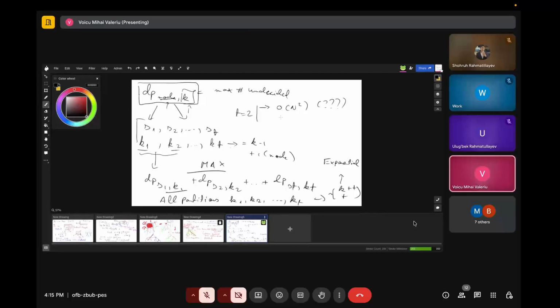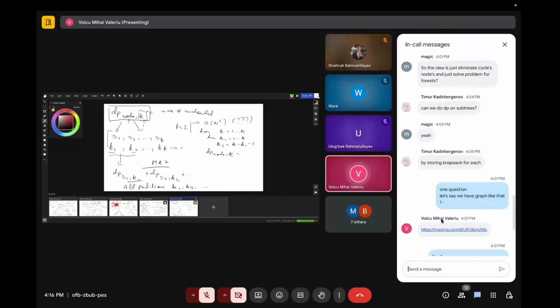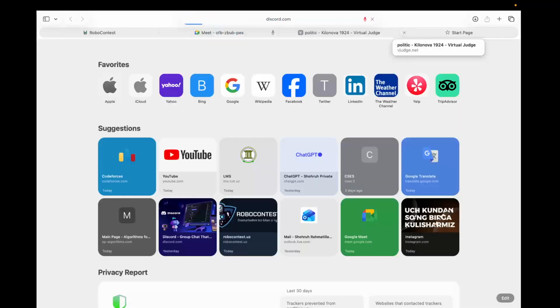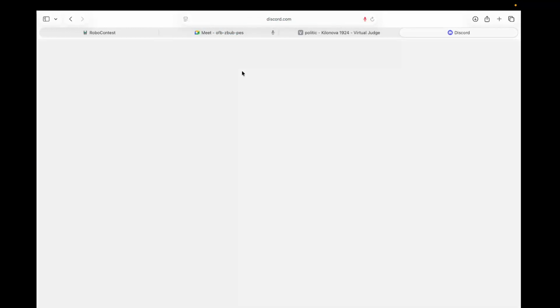So for k1 from 1 to k, k2 becomes k minus k1 minus 1, and dp of node of k changes to the maximum of whatever we had before and dp of S1, k1 plus dp of S2, k2. So that's just the recurrence if t were equal to 2.